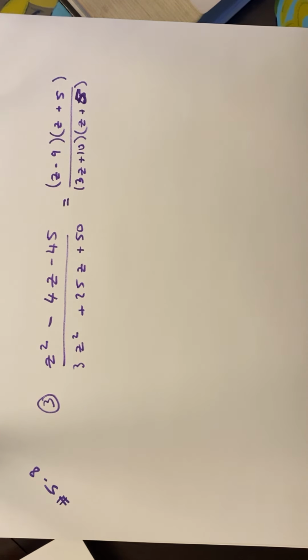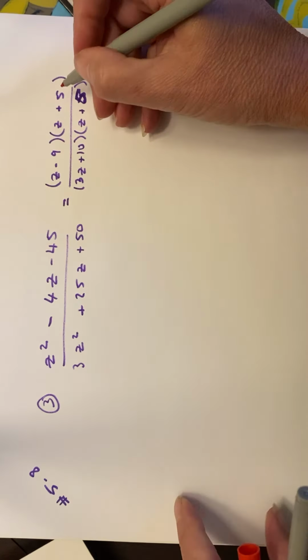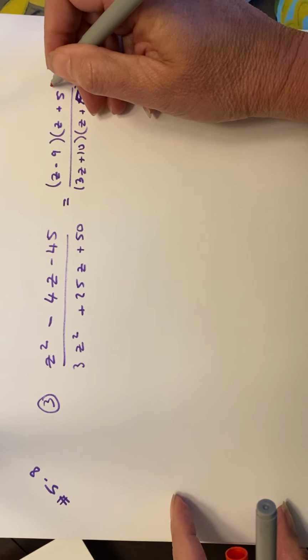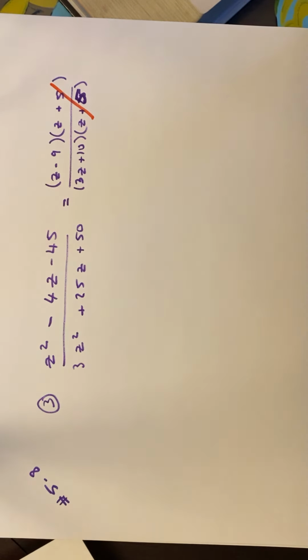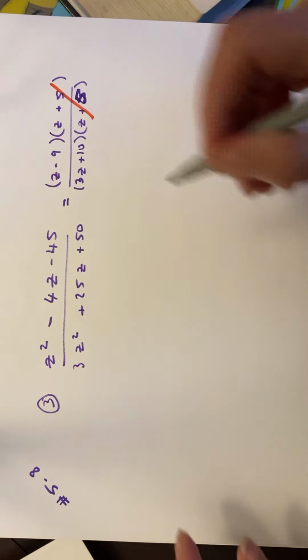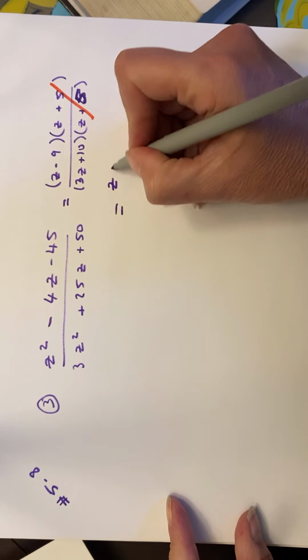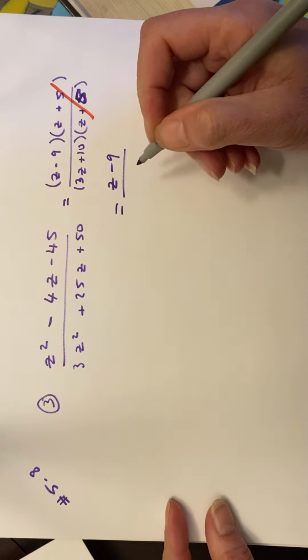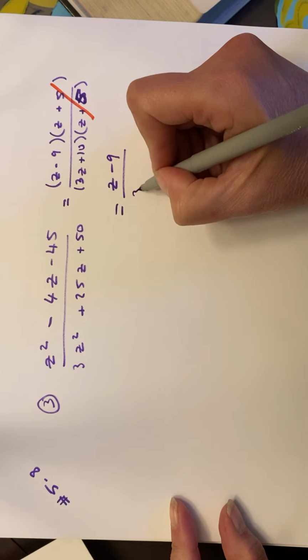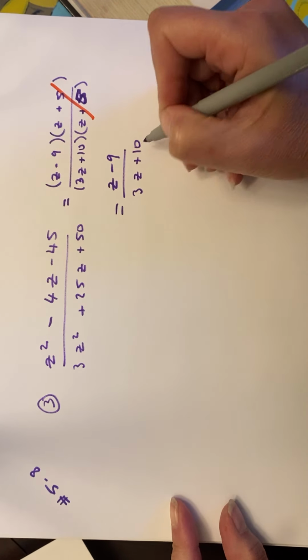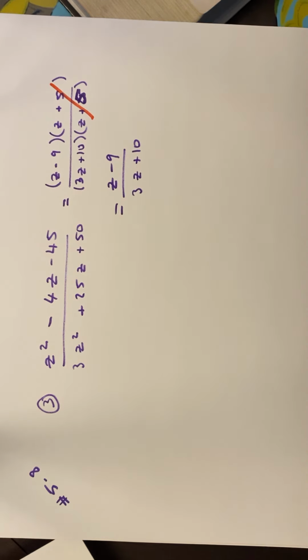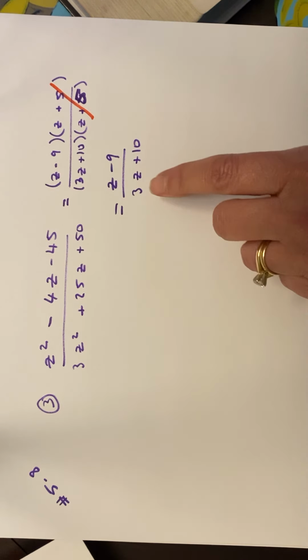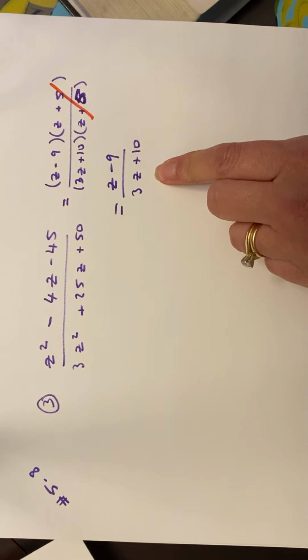We can see that I now have z plus 5 over z plus 5, which I can cancel. And so my answer is going to be z minus 9 over 3z plus 10. But I'm not done because I may have excluded values.